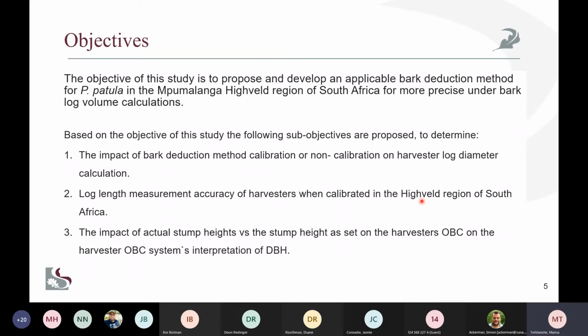Based on the objective, we also looked at the impact of bark deduction method, calibration or non-calibration, on the harvester's log diameter calculations, the log length measurement accuracy, and also what influence the actual stump height versus what the machine's computer thinks the stump height is has, and the data that you get for DBH measurements from the machine versus actual measurements.